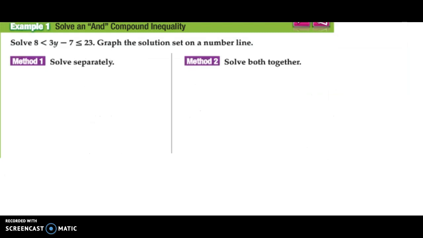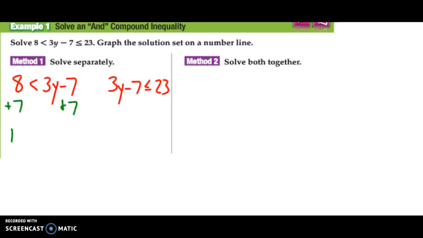There's a couple different ways to solve these and inequalities. The first method is to solve each one separately. So I'd say 8 is less than 3y minus 7, and 3y minus 7 is less than or equal to 23. Both of these are pretty simple inequalities to solve. You'd add 7, and so I get 15 is less than 3y.